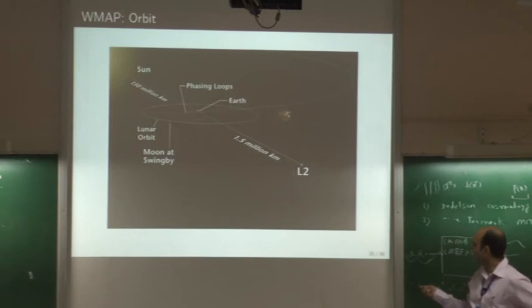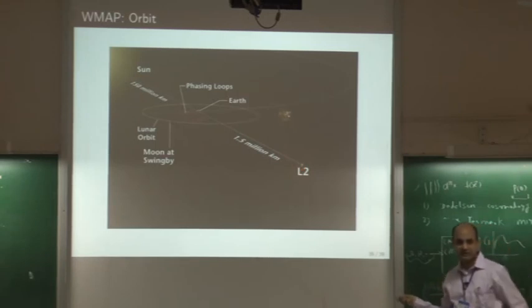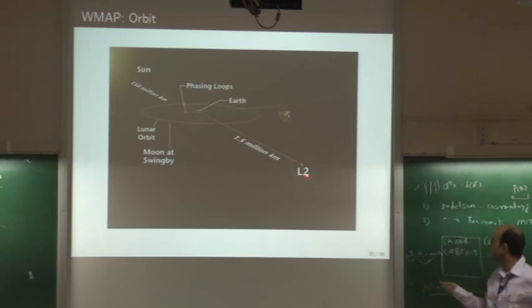You can find out what it is. It's a very stable point, so if you put any instrument there, it will remain there quite stable. It's put here, and this is the orbit of this instrument, and this is how it went there.